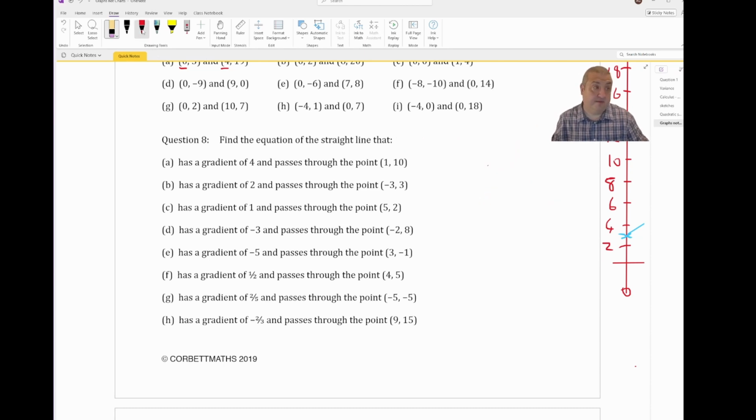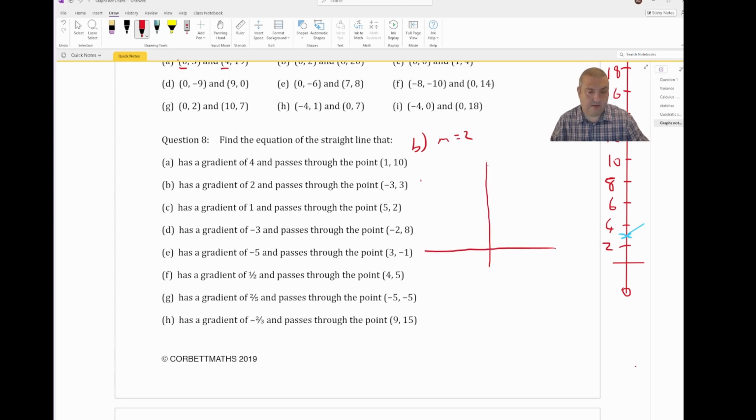Again, straight line graph, so it's going to be y equals mx plus c. So b has a gradient m of 2 and passes through the point -3 and 3. Well, this is a bit more complicated. Let's look at this.